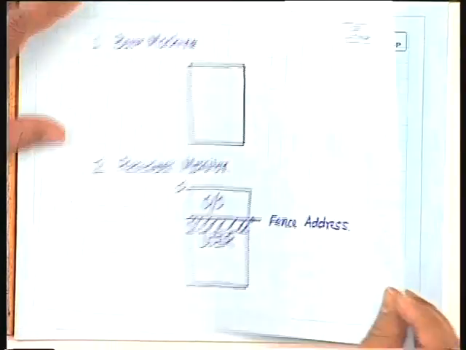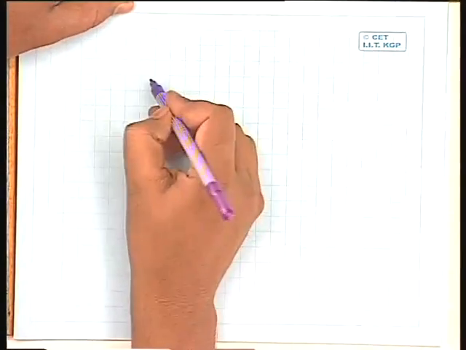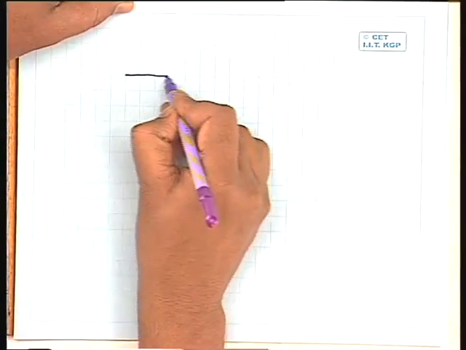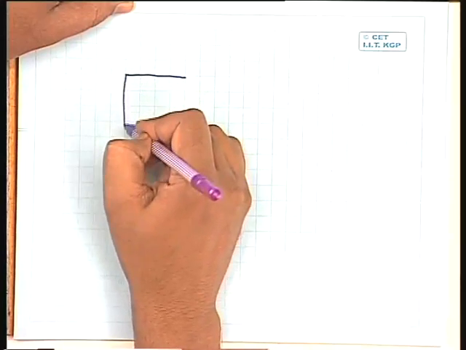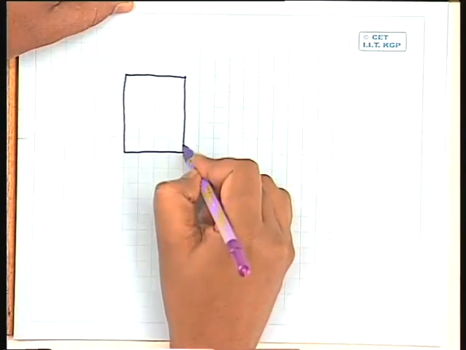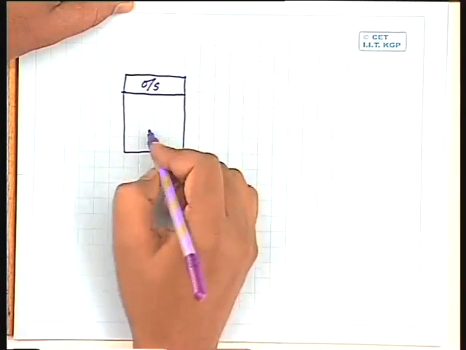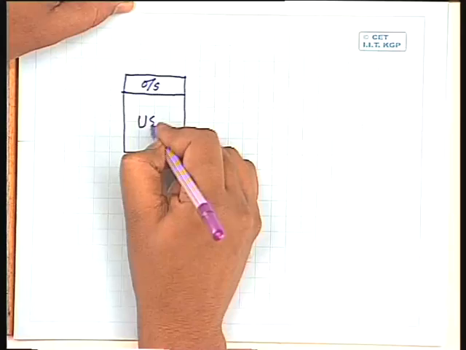Okay. So one modification to this which can be done is something like this. Let us have a single user partition, that is a resident monitor system. A part of the memory is given to the operating system and this is the user partition.